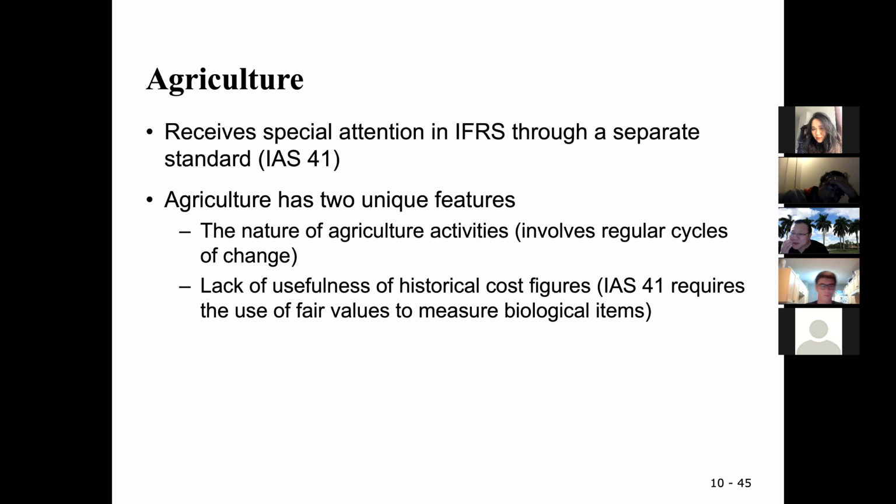The value of the cattle is the fair value now: how many pounds of beef you can sell it for. That's the fair value. So for biological items, you can see why IAS 41 requires the use of fair value.